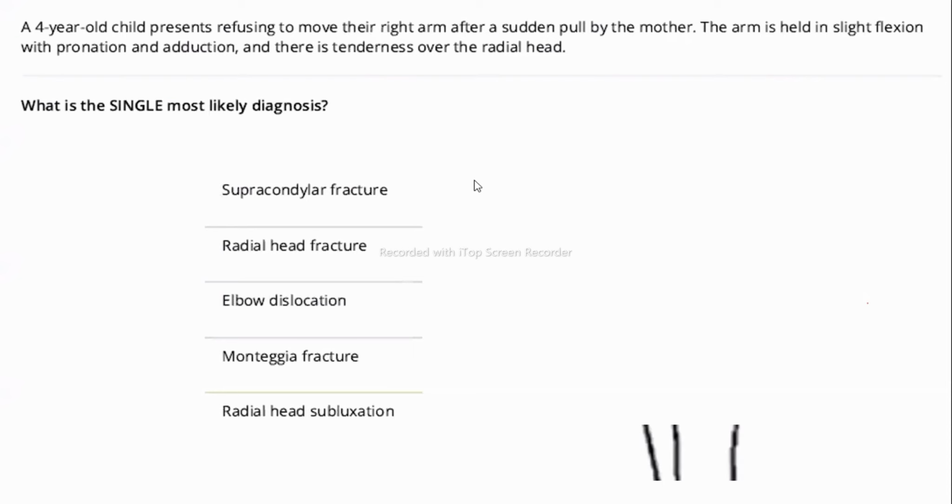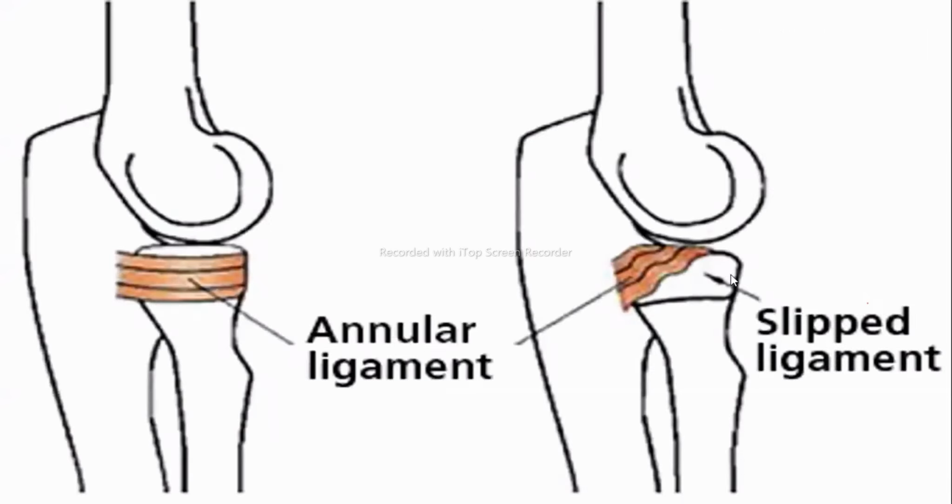So you will put your thumb on the radial head, and after that the hand in hyperpronation, and then what? Flex. Flexion. Okay. It's easy.